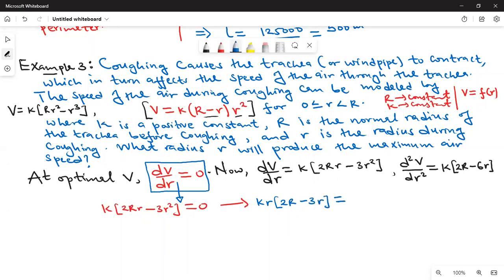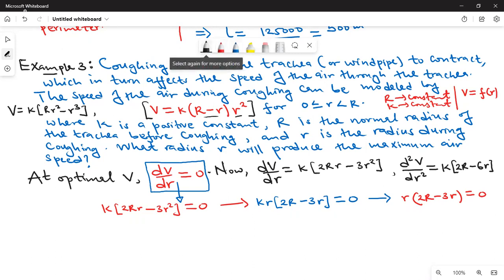is equal to 0. And you see k is positive and it's a constant. You can divide both sides by k to get r into 2r minus 3r equal to 0. In that equation, we are multiplying two factors and the result is 0.